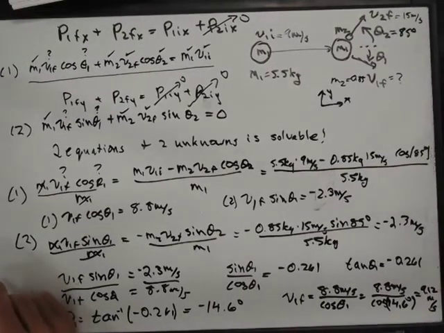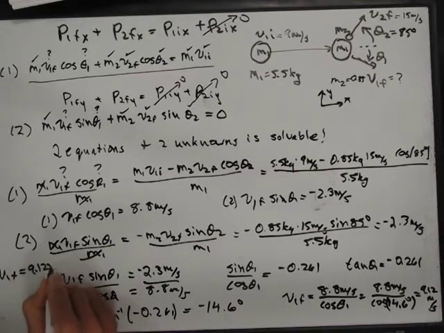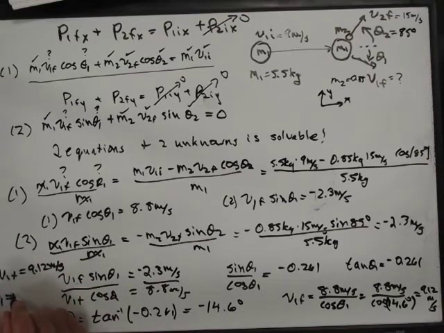So my answers are V1 final is equal to 9.12 meters per second, and theta 1 is equal to minus 14.6 degrees.